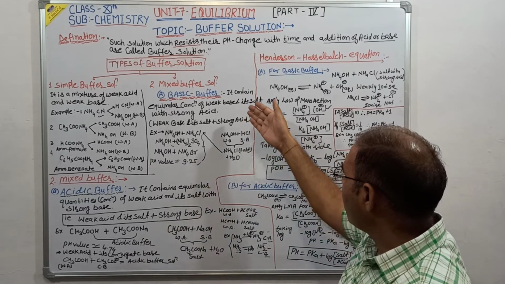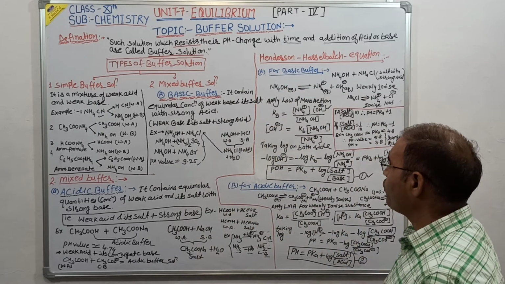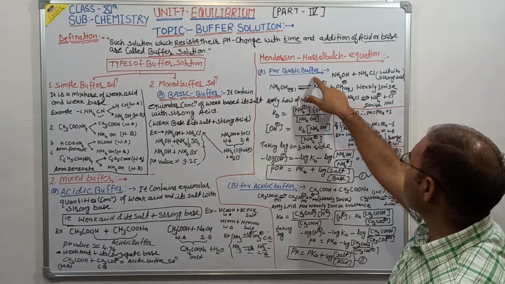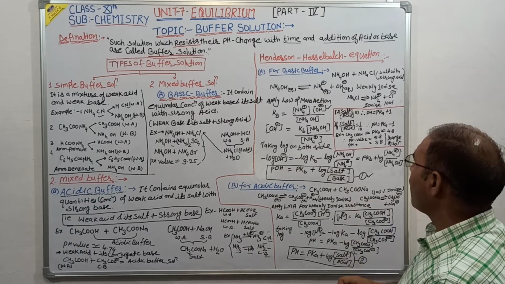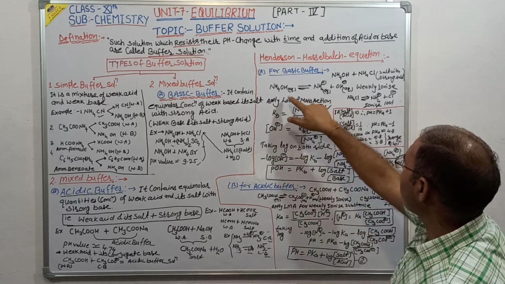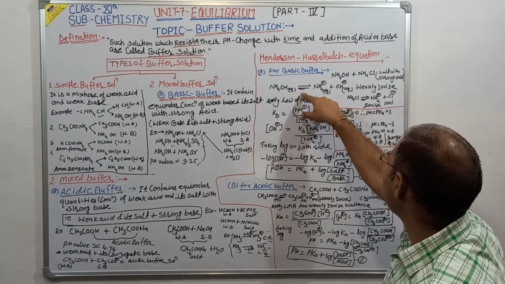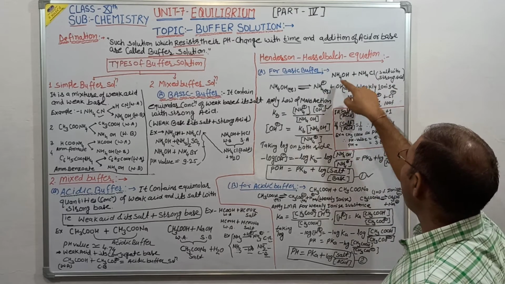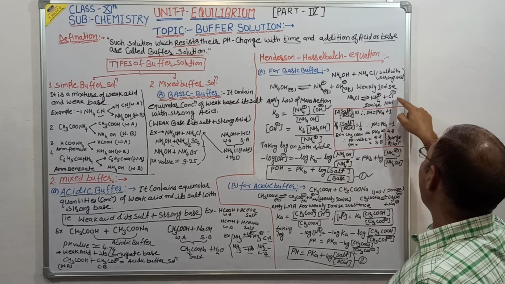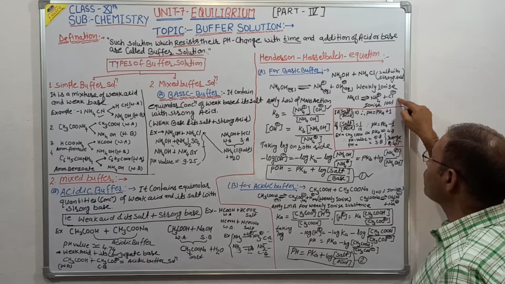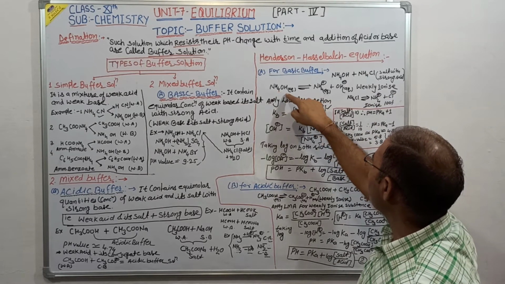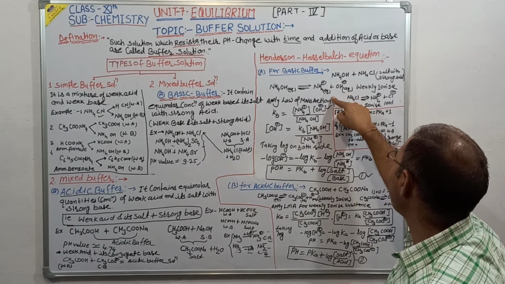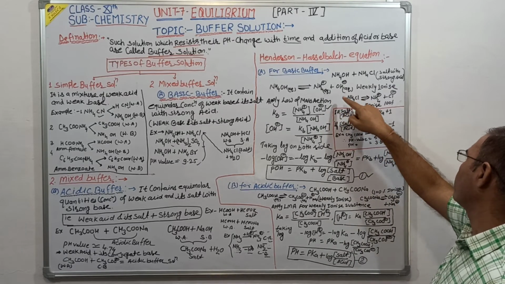We can derive the Henderson-Hasselbalch equation for these solutions. Now we derive it for the basic buffer solution. We take the weak base and the salt of the weak base. NH4Cl is 100% ionized because it is a salt, and NH4OH is a weak base, weakly ionized into ammonium ion plus OH minus ion.